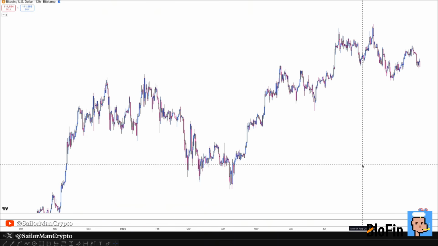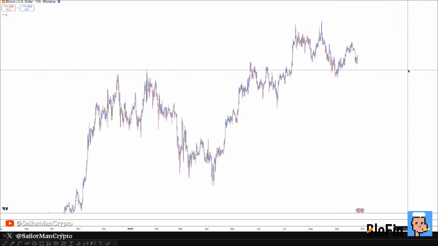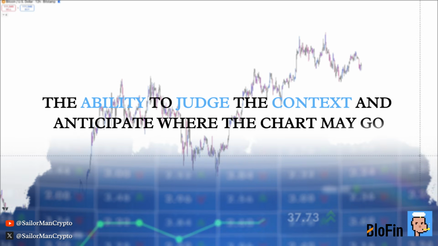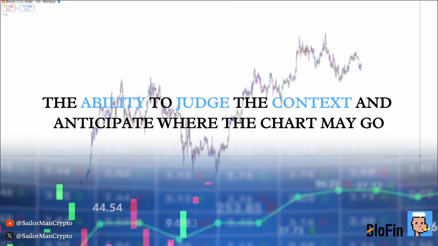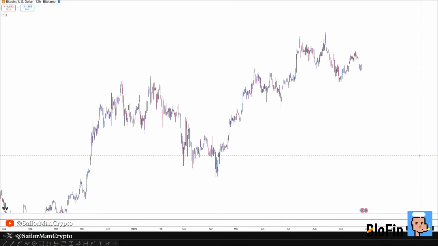So the first very important part that each trading system should have is the ability to judge the context: where the chart is, where the chart has been, and where potentially the chart will go. In simple terms, this is a way to define the bias on your chart.